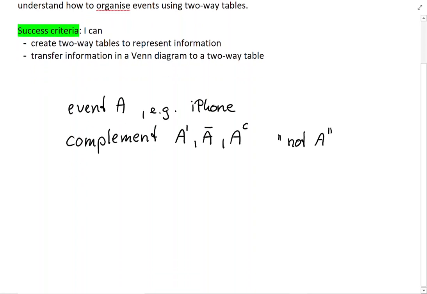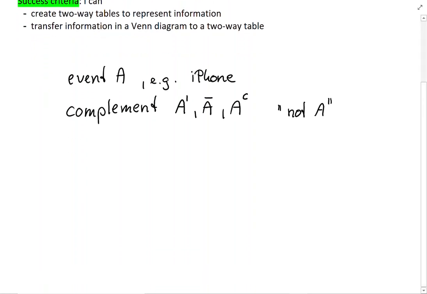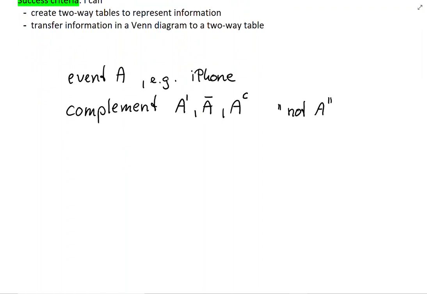Okay, once we've got this clear, we can now start creating a two-way table. My example is I'm having two events and they are overlapping, and those two events are having an iPhone or having a Samsung mobile phone.